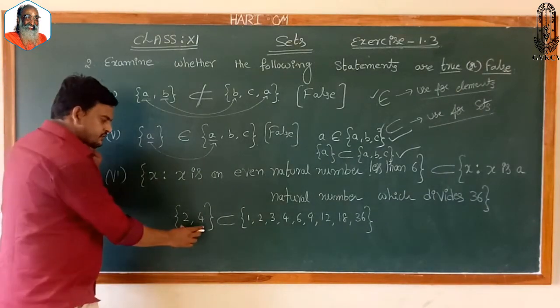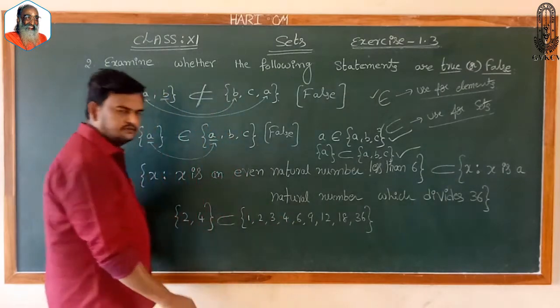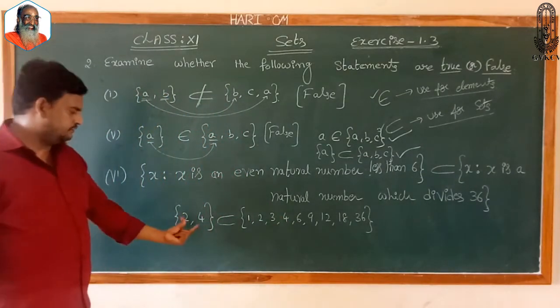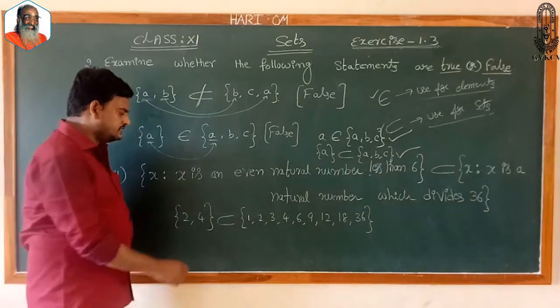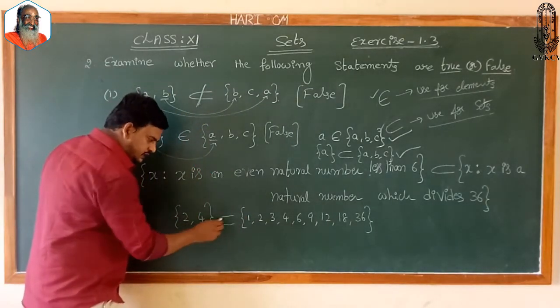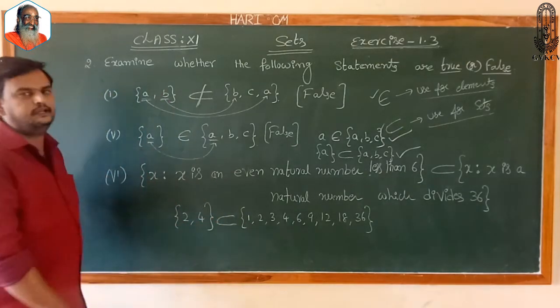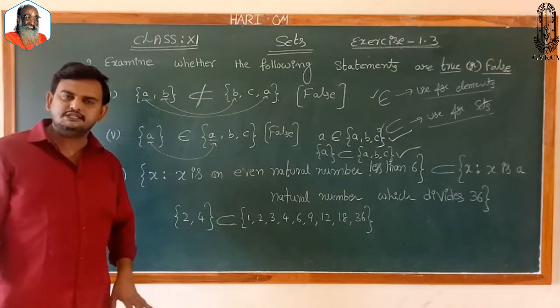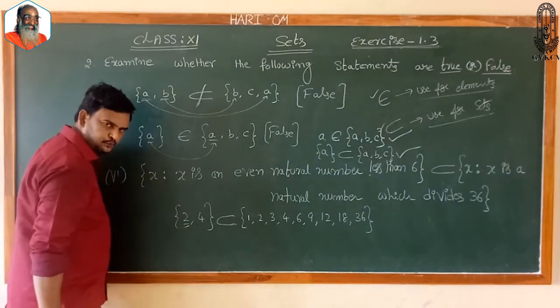Now, here I have 2 elements in a set and here I have 9 elements in a set. So this is the smaller one and this is the bigger one. Now, they said that this set is a subset of this set, whether it is right or wrong. We have to check the elements. Here, what is the element? We have 2.